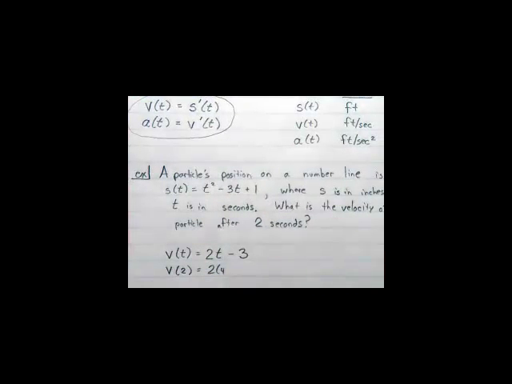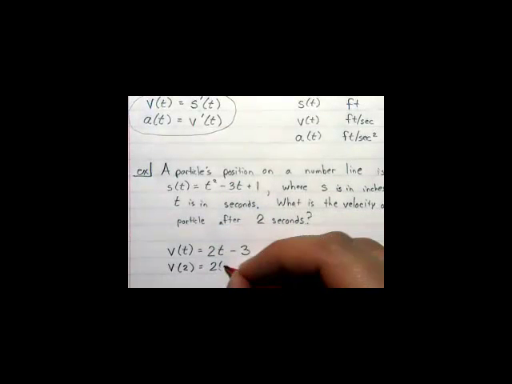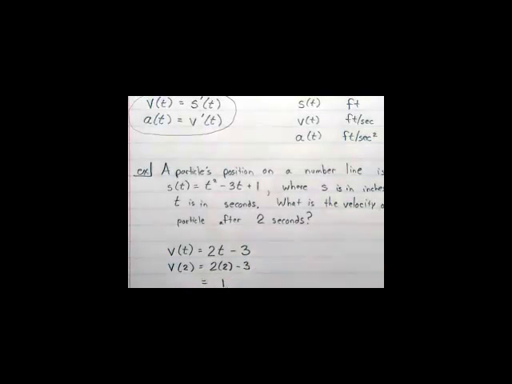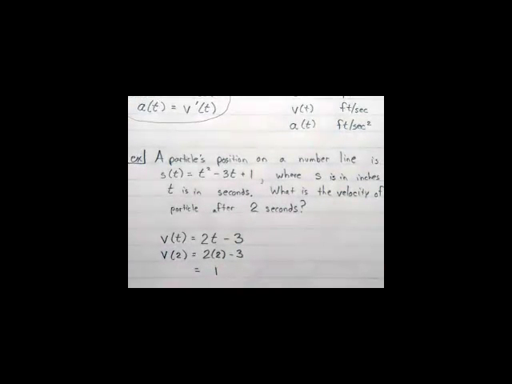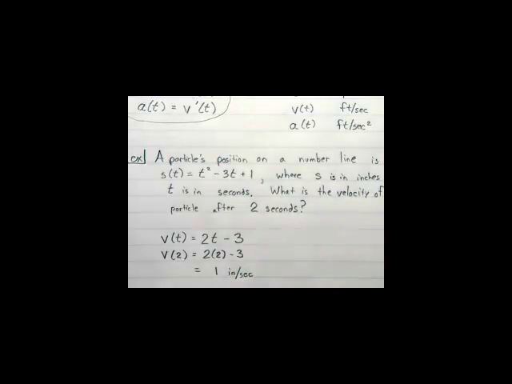Should be a 2. Okay, so velocity is 1. 1 what? What should be the units? Except this one's in inches, so inches per second. So the instantaneous velocity of this little particle, after 2 seconds, is 1 inch per second.